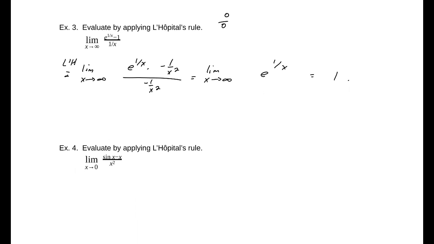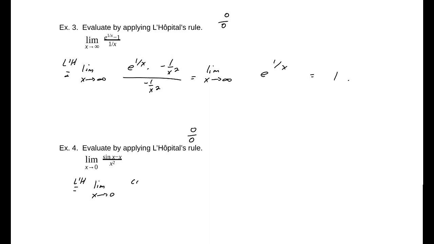Number 4, limit as x approaches 0 of sine x minus x over x squared. Well, the denominator is going to 0, and the numerator is going to 0 minus 0, so that is also going to 0. So we'll go ahead and apply L'Hopital's rule.